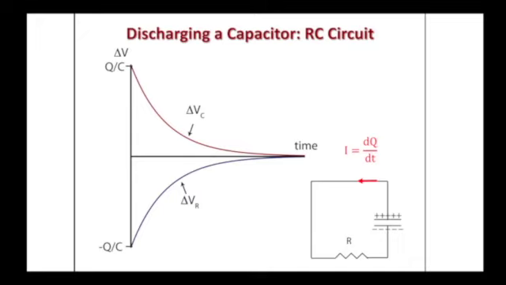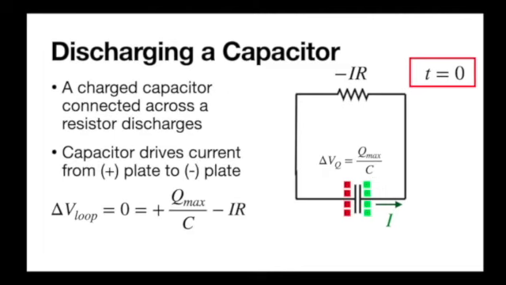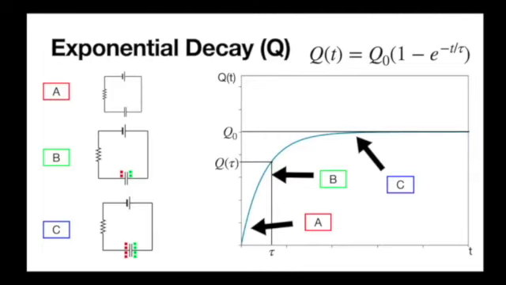Okay, so any questions before I move on from capacitors and exponential change? I expect you for the exam to be able to explain this type of stuff. You should be able to do loop rules with the capacitor, analyze its behavior over time. I will not have you do much algebra with these. From these equations, it will just be plug in, like what is the value at time equals this?